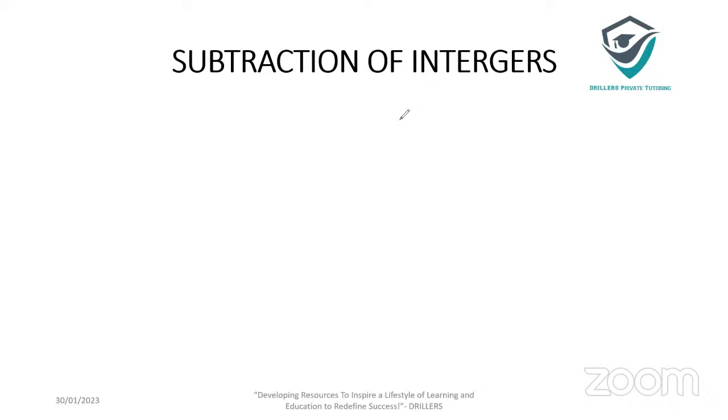So I'm going to do one example using a number line. So if I have 5 add -4.